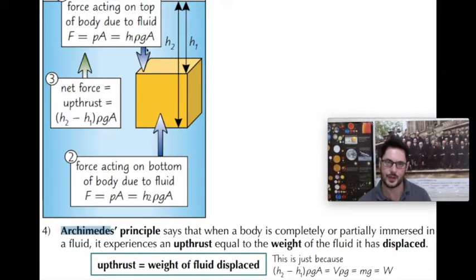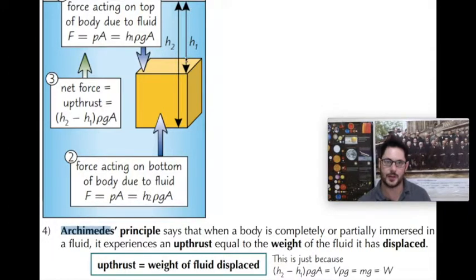So the force pushing upwards on the bottom surface is greater than the force pushing downwards. That difference provides a resultant force upwards, which is what we call the upthrust, and it's equal to the weight of the liquid displaced.